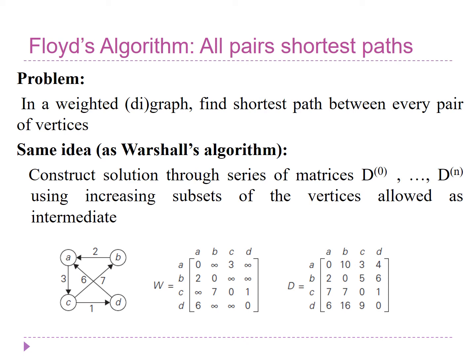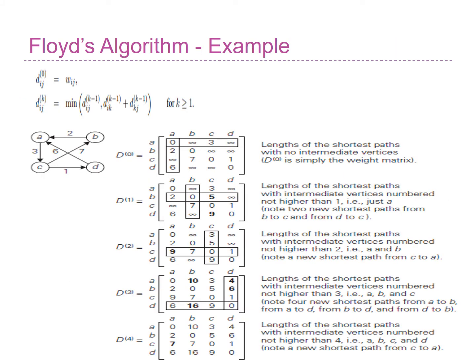How would we derive the matrix D from matrix W? Let's use the Floyd's algorithm. In Floyd's algorithm, D0 is initialized with the weight matrix W. The weight matrix W consists of the weight of edges between the vertices in the digraph.